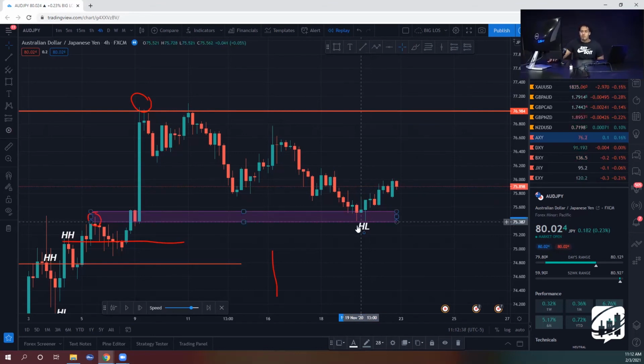As a bull, you are only buying at the higher lows at support. So this was where you would look to enter at the higher low, at the retest of the previous higher high. Now you're looking for this trade to make a new higher high, all the way up here. Let's see where this trade goes.